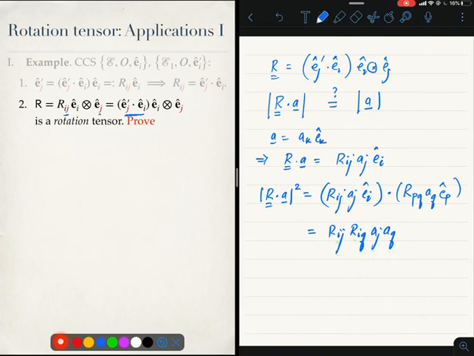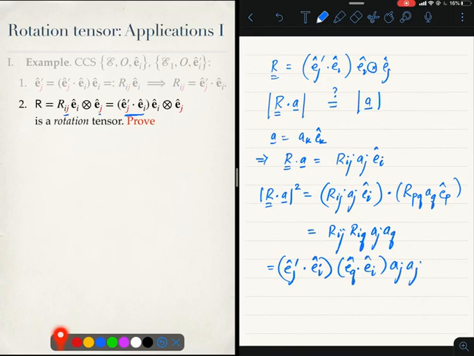Now I will substitute for Rij from its definition, that Rij is Ej prime dot Ei. So this is going to be Ej prime dot Ei, that's Rij, and then Riq is Eq prime dot Ei, and then I have Aj Aq.